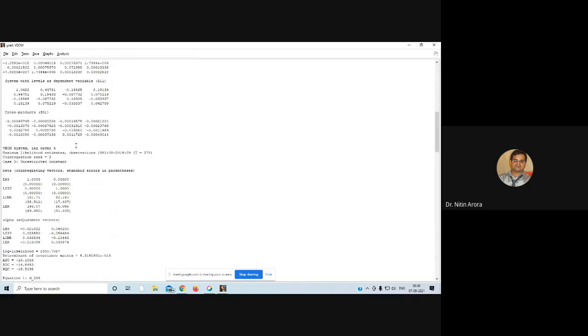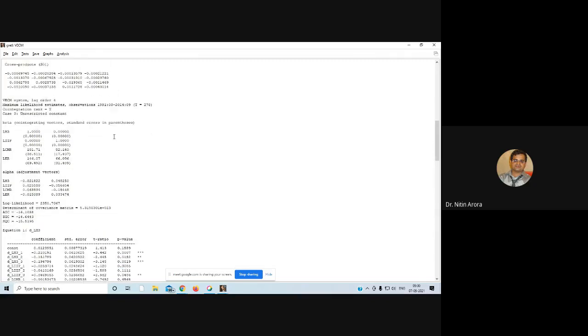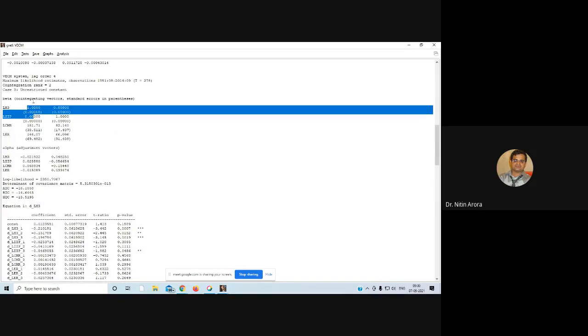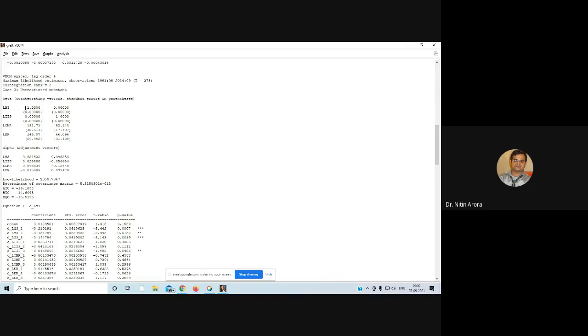See, I'm not going by the above statistics. Let me show you the beta co-integration vectors. These are the co-integration vectors. The first vector has LM3 as the dependent variable, meaning LM3 has a coefficient 1 because it is the dependent variable in the first equation. The second has LCMR and LER, and in the other equation IIP is the dependent, with CMR and LER.